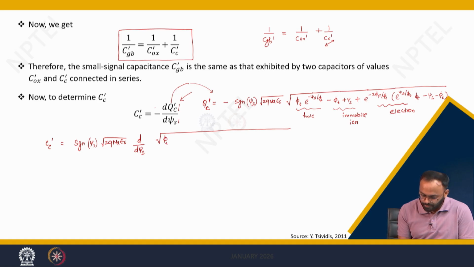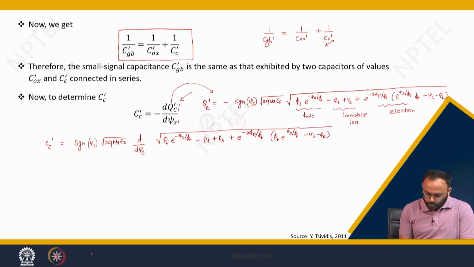So, again it is phi t e to the power of minus psi s by phi t minus phi t plus psi s, plus e to the power of minus 2 phi f by phi t times e to the power of psi s by phi t minus psi s minus phi t, right.